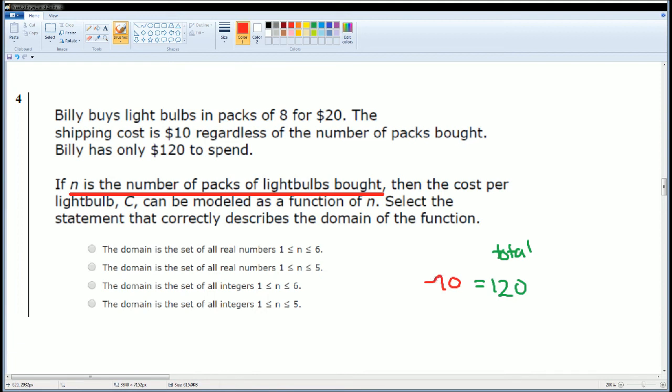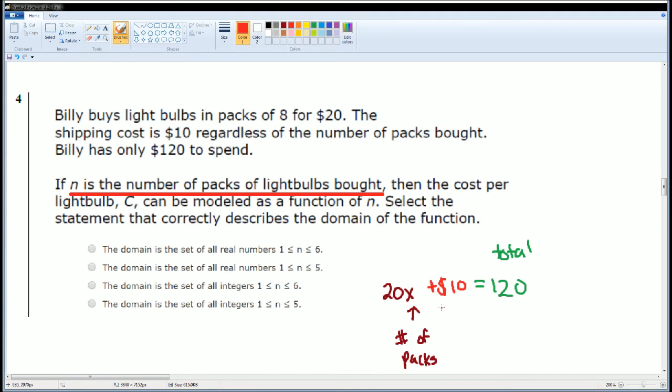He has to pay $10 for shipping. And then he has to buy packs of light bulbs for 20 bucks. Each pack is $20. Okay? X just represents the number of packs that he can have. Okay, so this is still cost. So hold on, this should still be plus.